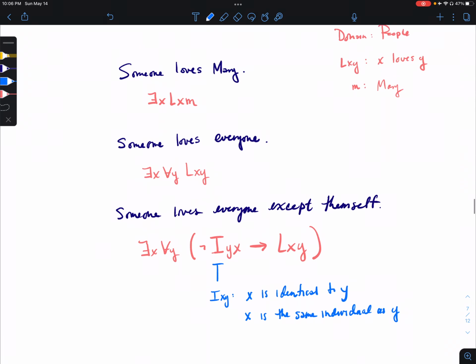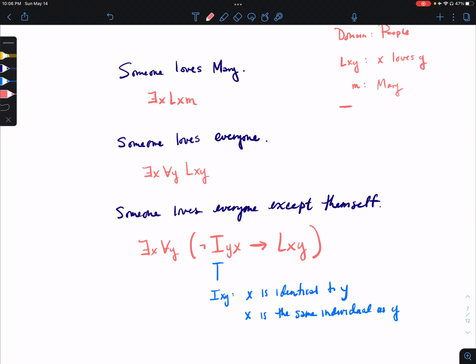Now we could just add this to our key up here, I x y, and then fill in everything I just put in blue. But this predicate is so useful, we can use it to express so many things, that we're going to add this predicate with this intended interpretation to our language. You don't need to put it in a key. We'll always just know when you say identity, this is what it means.